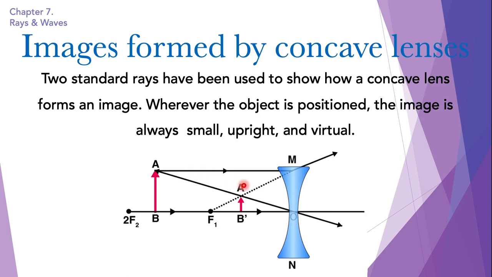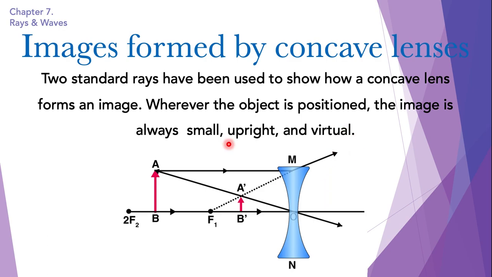So you can see that when the rays pass through the concave lens, the rays are diverged. They are spread out rather than converged. So wherever the object is positioned, whether it's close to the lens or further away from the lens, the image that is formed is going to be always small, upright and virtual.